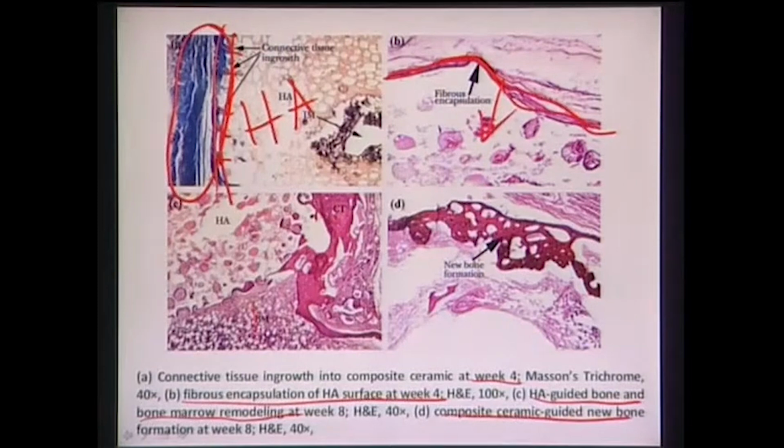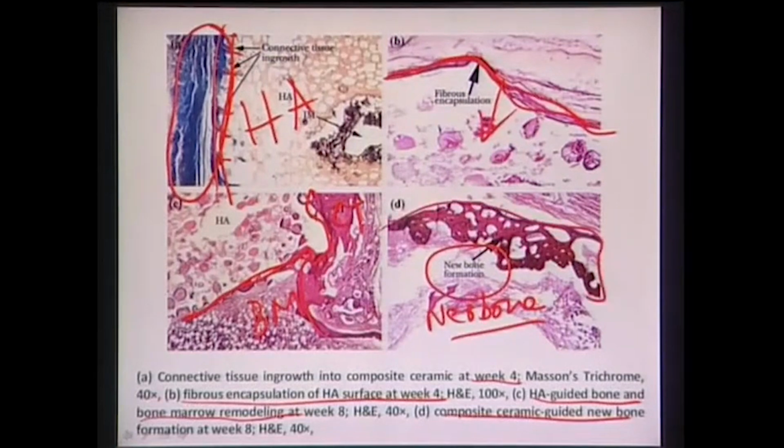Now this is the bone marrow and this is the cortical bone, and you can see that there is a nice bone formation even after 8 weeks, shown as the neo bone, or new bone formation, at the implanted region. So hydroxyapatite is well known as an in vivo biocompatible material, and this is the proof that under in vivo conditions, even after 4 weeks or 8 weeks, you can clearly see new bone formation.